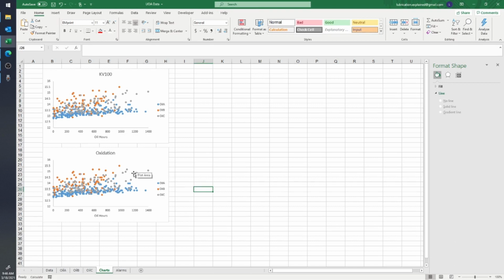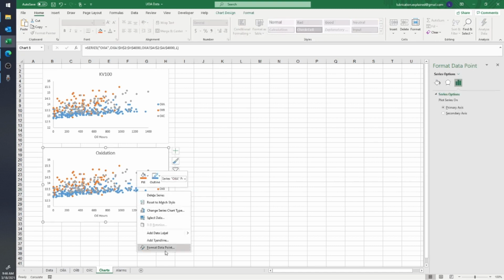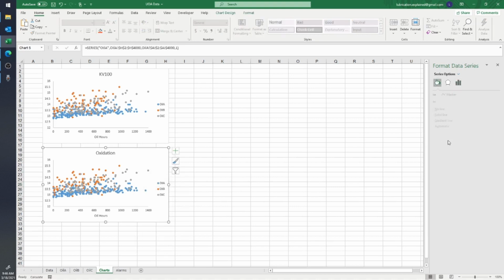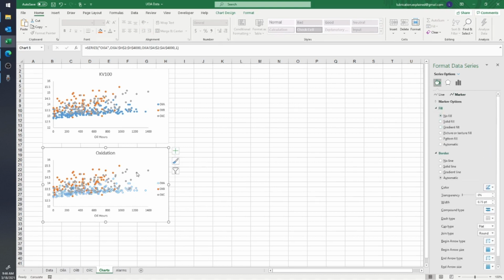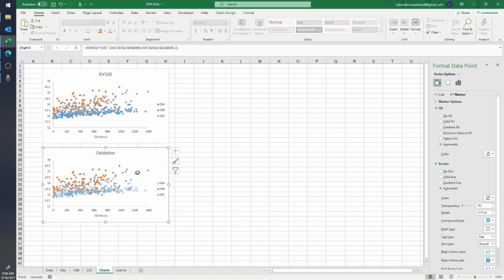One thing I might do so that we can see the points a little bit better is just reformat these. I'm going to format the data series, and I'm going to say that the markers have no fill. I'll make them transparent. So those ones can be blue.